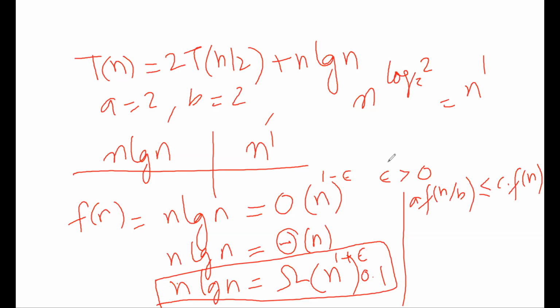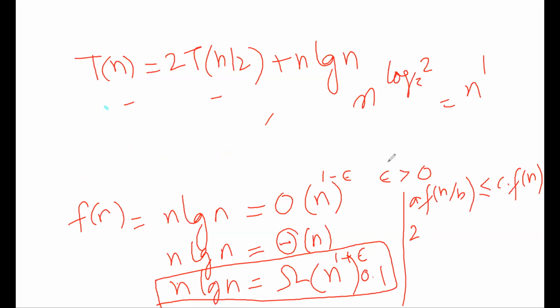So what is your a? a is 2. Sorry, let me just rub it a bit. I need some space. So 2 f of n by 2 is n by 2 log n by 2.